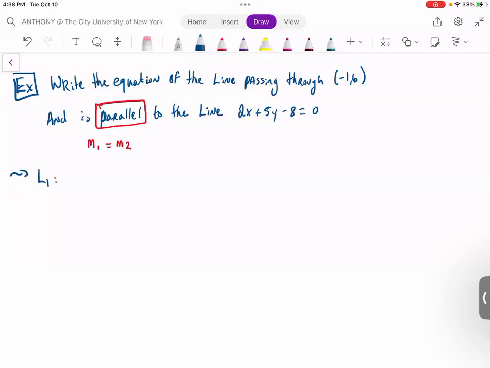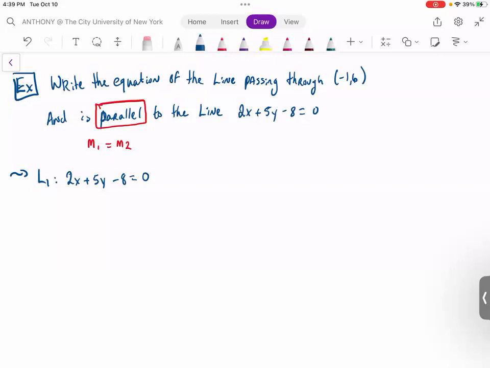If you look at this line closely, you would realize that you cannot find its slope right away. Why? Because it's not in slope-intercept form. It's in its general form here. You have to first rewrite it in y = mx + b.